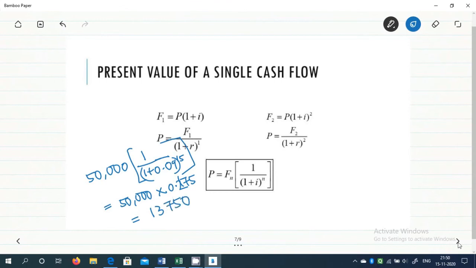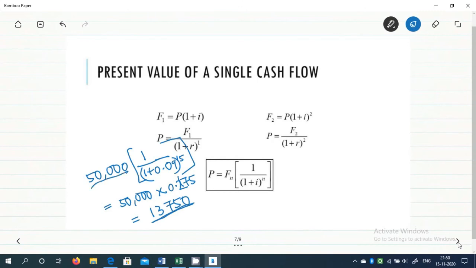So 50,000 rupees to be received after 15 years, assuming the rate of 9%, how much am I going to get? The today's present value of the single cash flow will be 13,750, not 50,000 rupees.